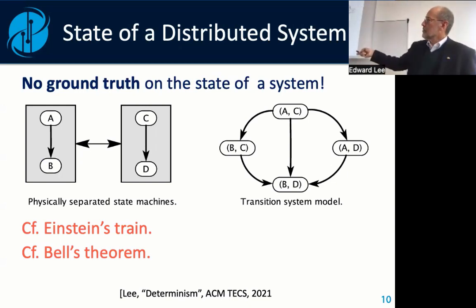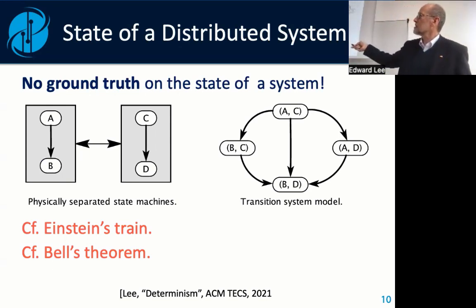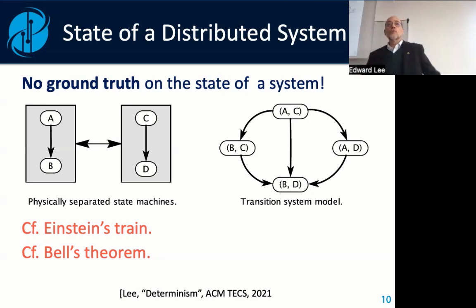But okay, you've got 2 physically separated state machines, and at some point, the state machine on the left transitions from state A to state B, and very close in time to that, the state machine on the right transitions from C to D.